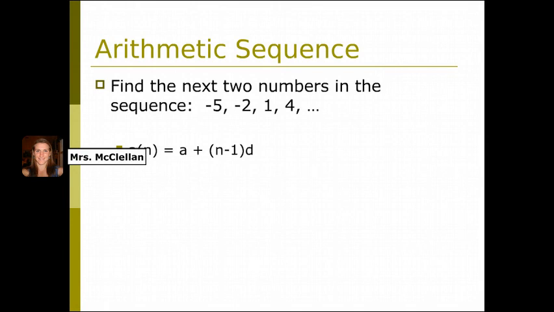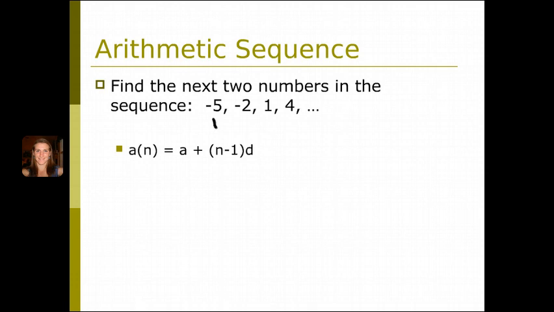So here's another example of an arithmetic sequence. However, in our example, they've given you instructions in a little different format than they did in the previous example. They want you to find the next 2 numbers in the sequence. In order to do this, we have to figure out which numbers we already have in the sequence.